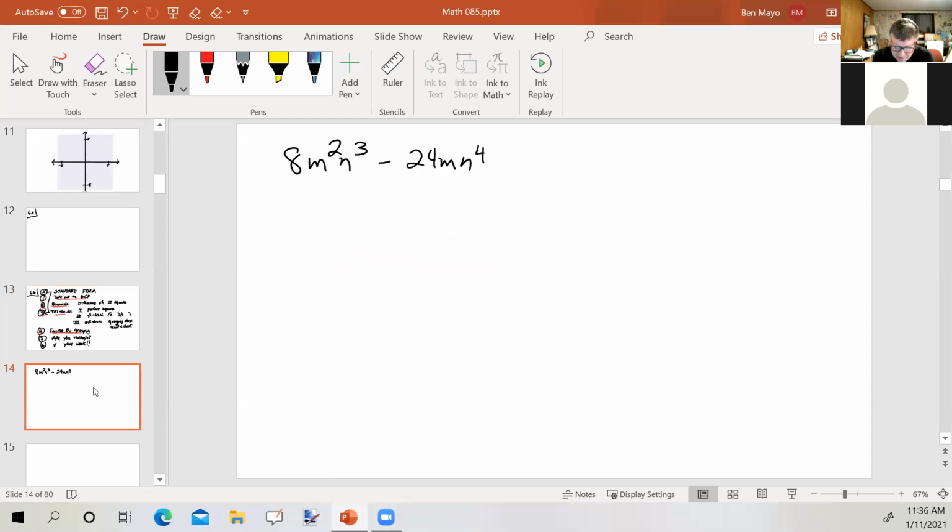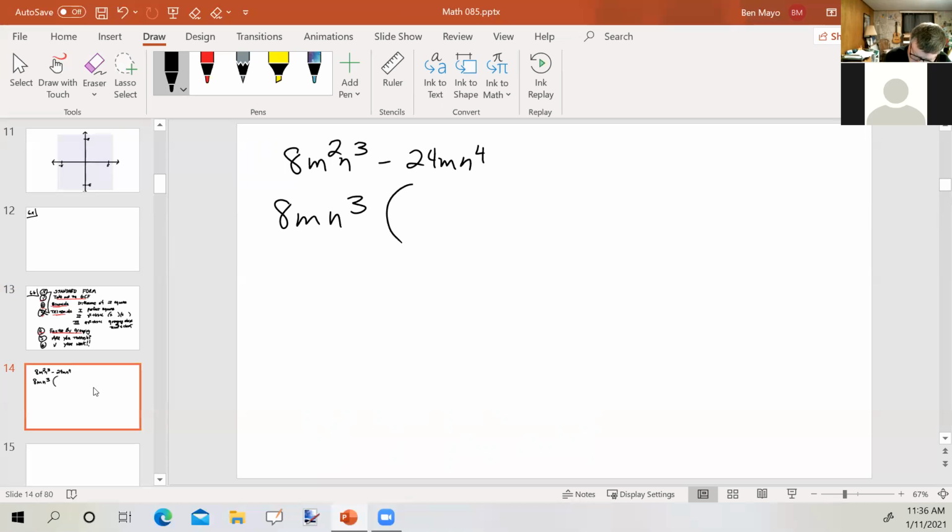So this is a binomial, but the first thing I want to do before I see if it's the difference of two squares is to take out the greatest common factor. Well, that would be 8m n cubed.